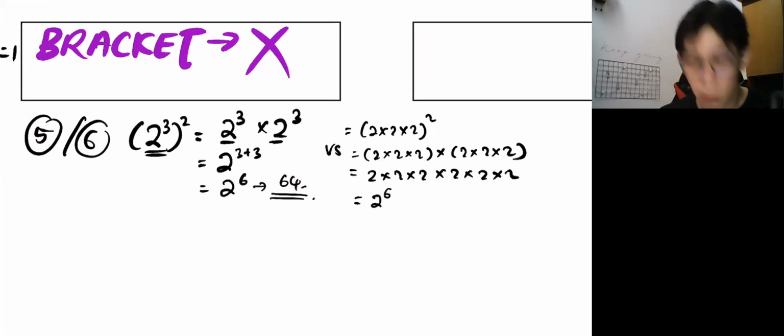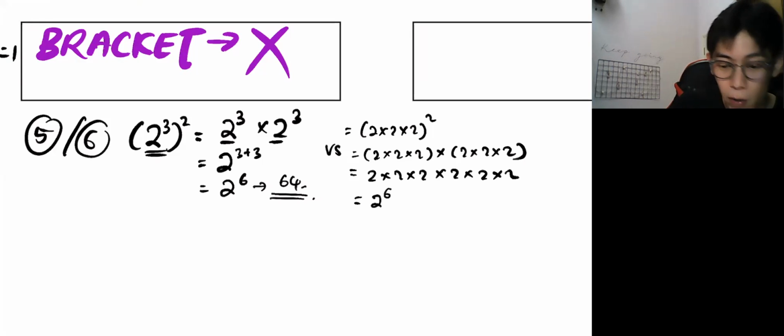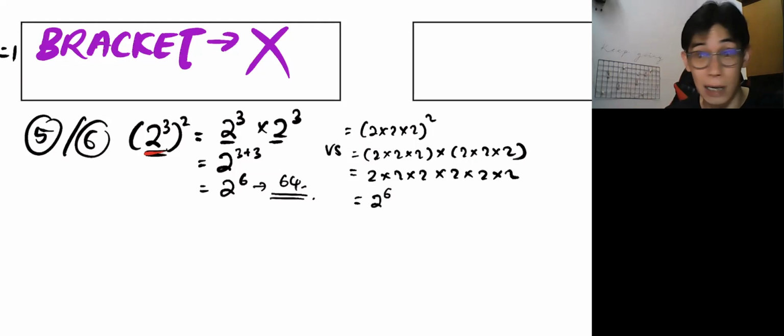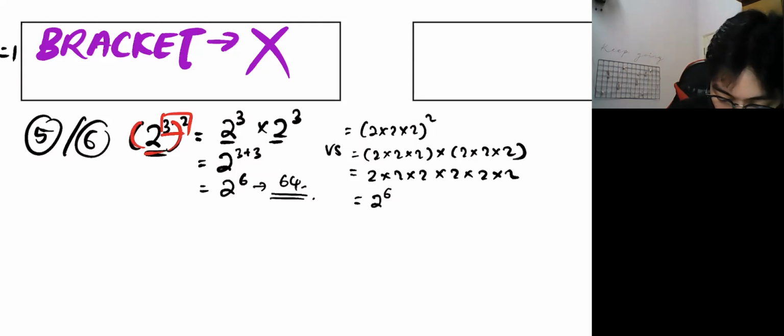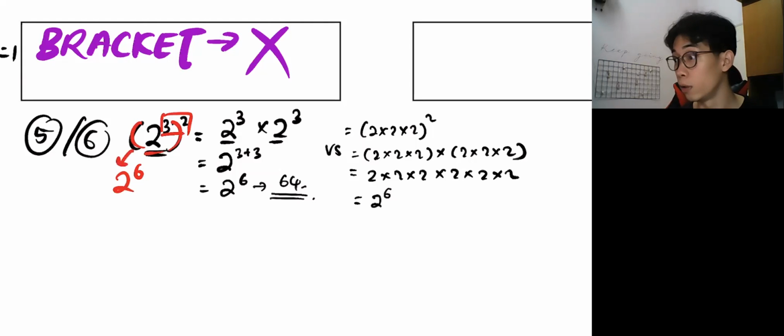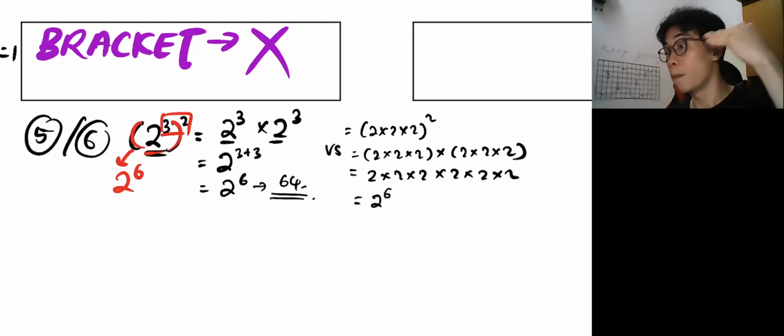So imagine if indices comes out, it saves your time. Look at this. Can you see 2 is one base, and every base has an index? Can you see the index is 3? Then there's a bracket here, then you times it. So straight away 2 power 6, gone. Can you see, one step with indices?